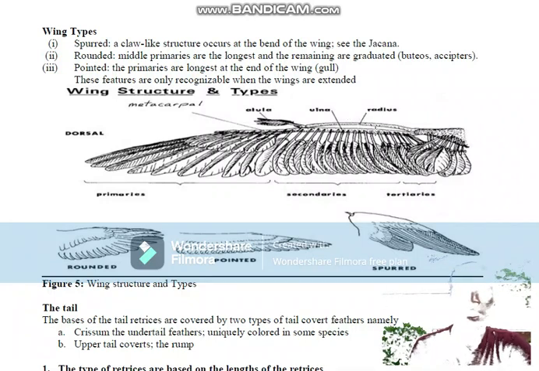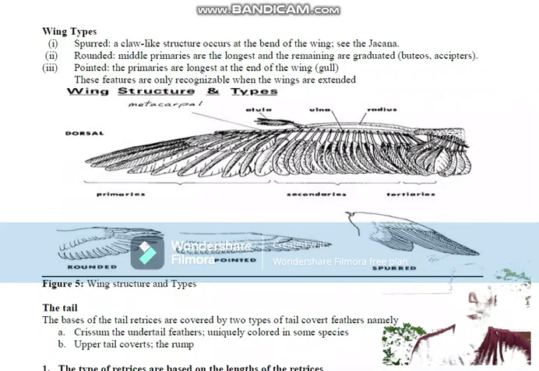This is the radius, and this is the ulna, and you can see this is the part that the secondary is attached to. And in these areas is where you would find those bumpy structures we were talking about. That's the alula where the bastard wings are mainly attached.